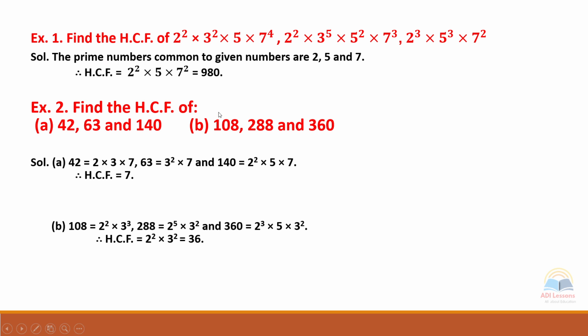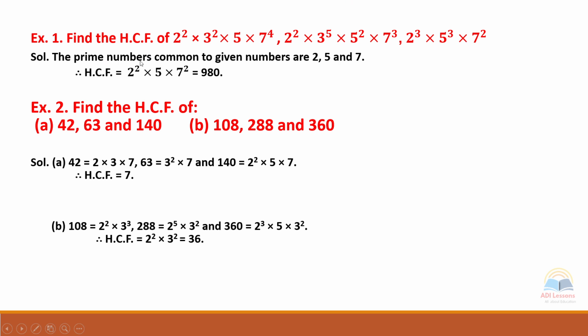Let's see examples. Find the HCF of 2 square into 3 square into 5 into 7 power 4, 2 square into 3 power 5 into 5 square into 7 cube, 2 cube into 5 cube into 7 square.